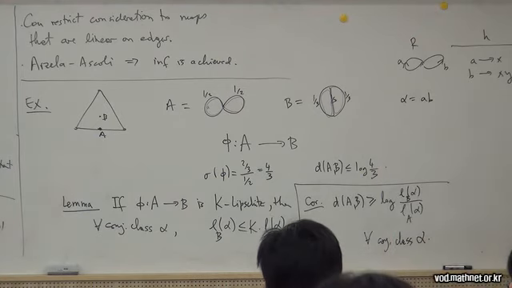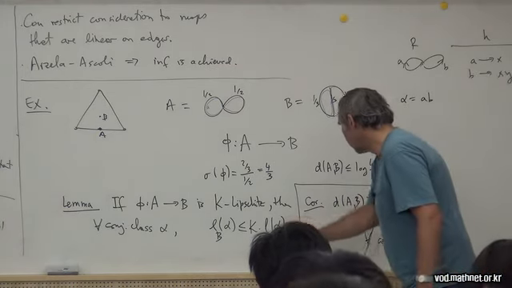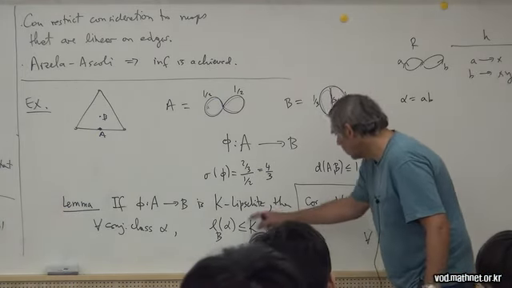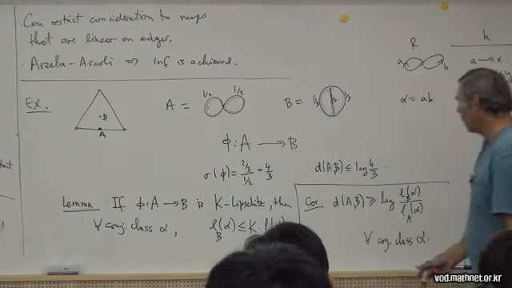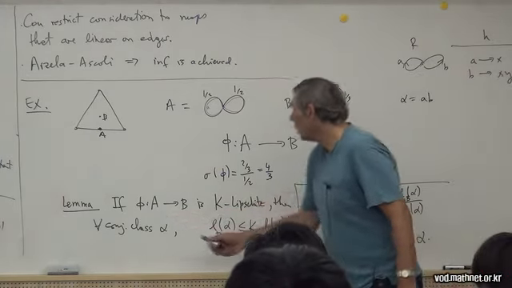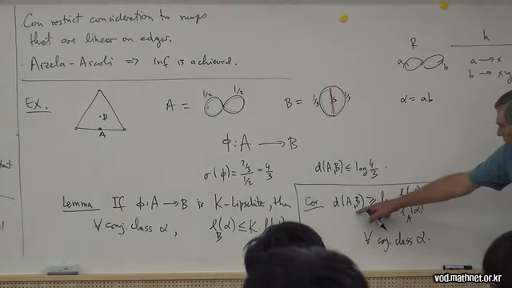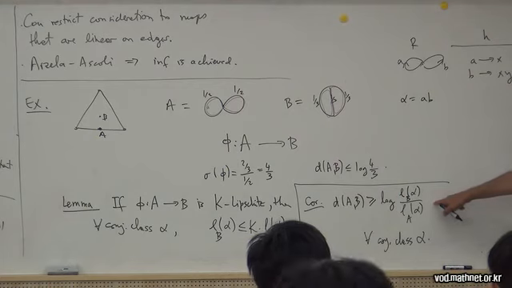I divide by the length here, and then I take the log. Log k is going to be the distance if I choose phi to be the minimizer. So I get this inequality here.